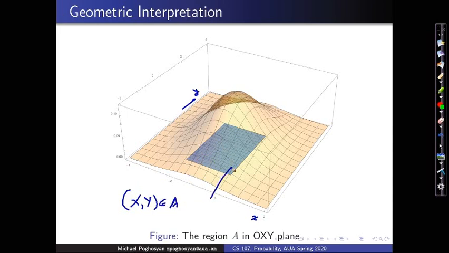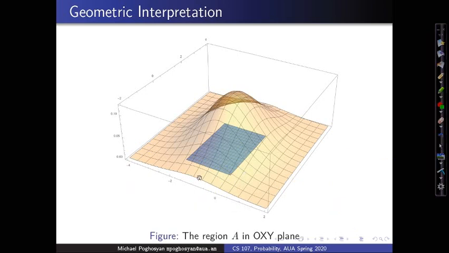This blue region is on the x-y plane. The projection on the x-y plane has the following form. So this is our A. This is the picture in three-dimensional space. I want to calculate what is the probability that my random vector (X, Y) is in this set.